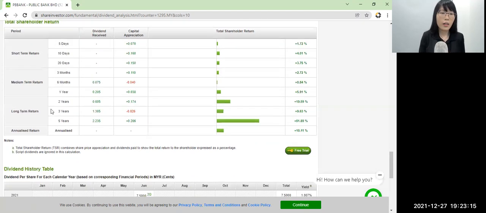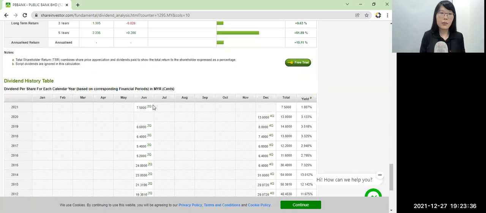For long-term return, you can see in 5 years, the total shareholder return is about 61.89%. So this is the total shareholder return that is shown to you.